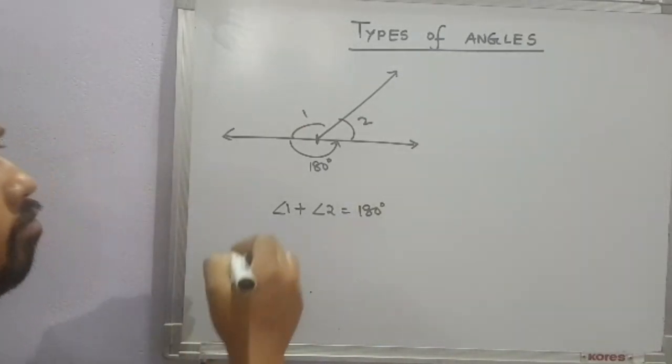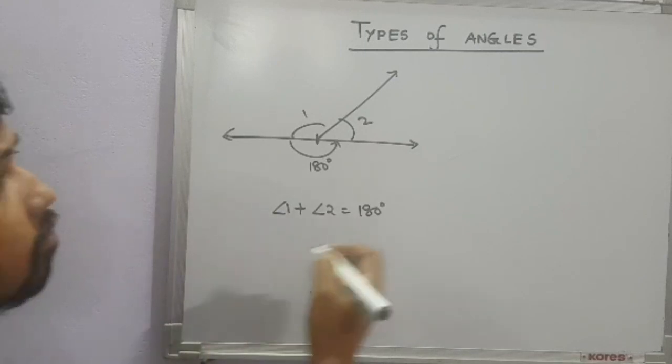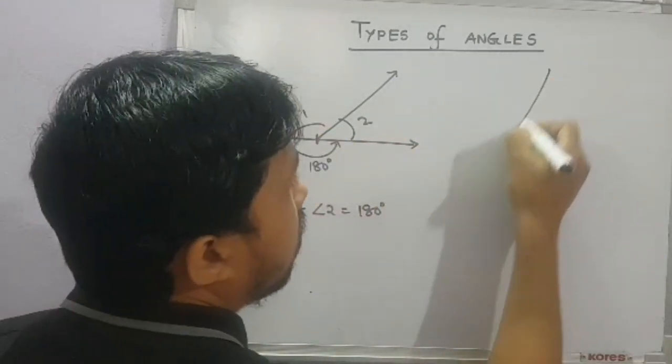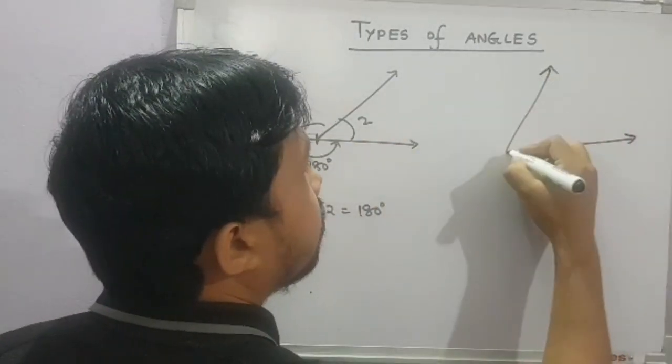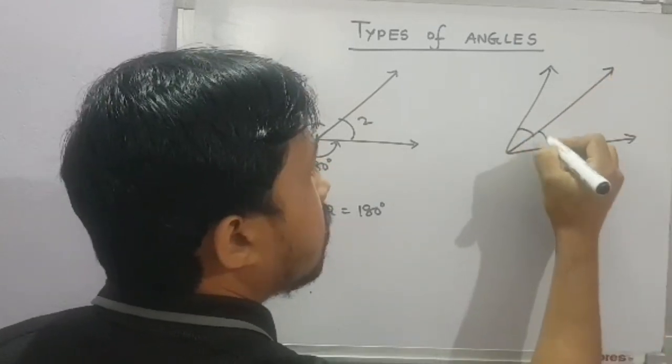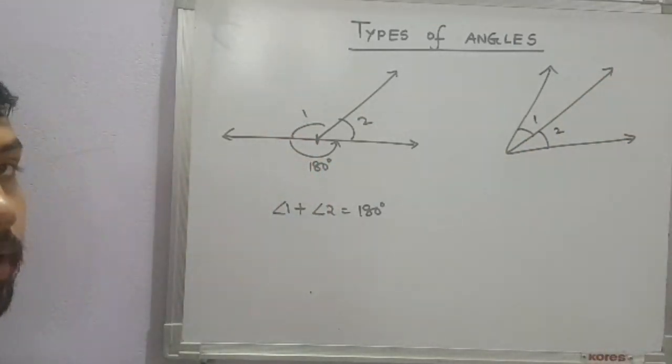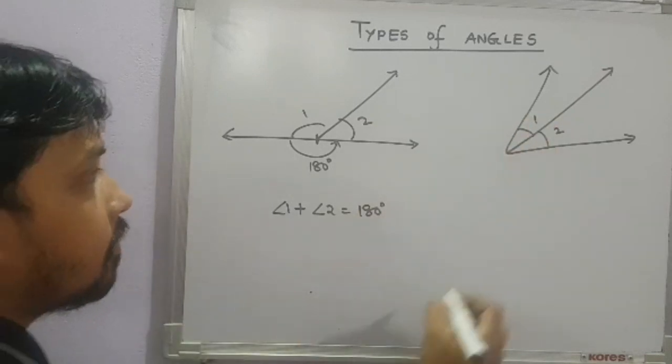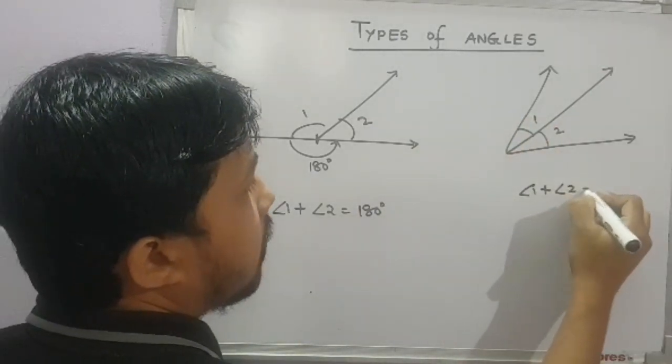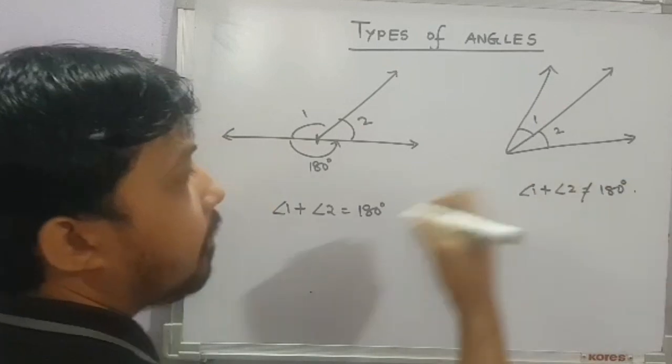Alright. But it can happen that it's not a straight line, for example, like this. Here also these are two angles, right? But in this case, 1 plus 2 is not exactly 180, isn't it?